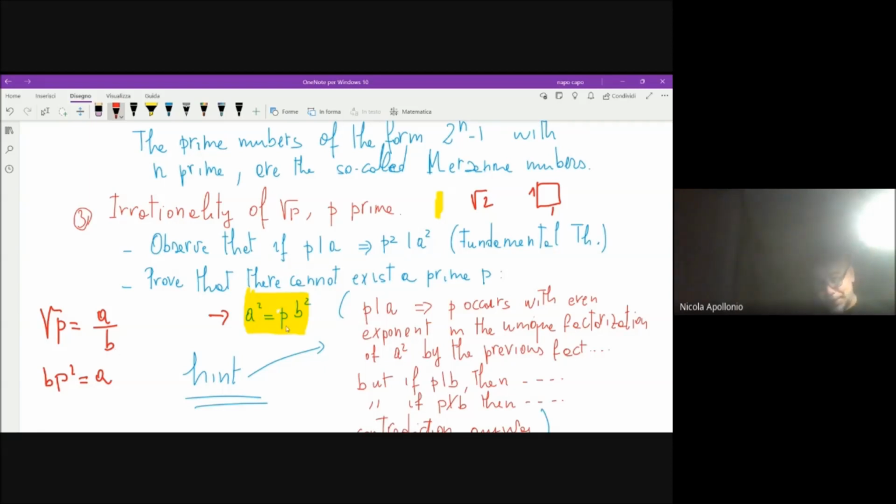So if P is a factor of A, it cannot be a factor of, oh sorry, B squared times P equals A squared, which is this one.